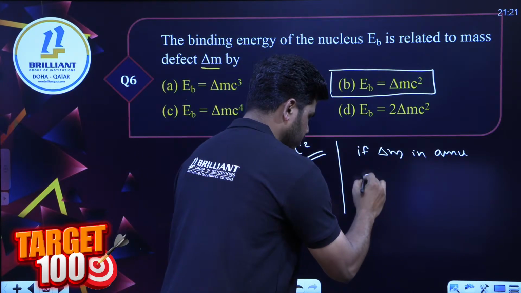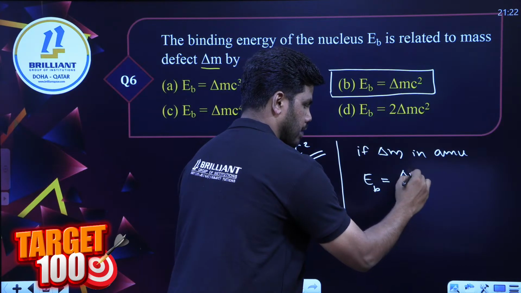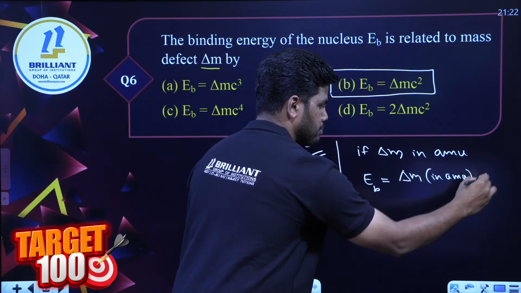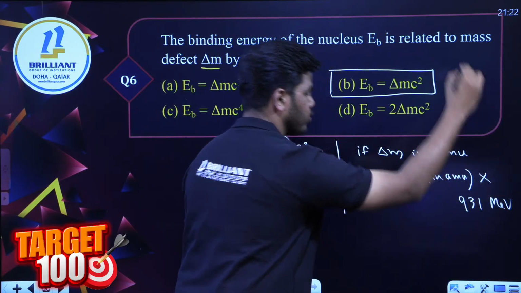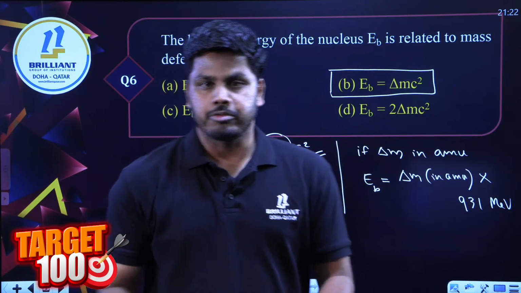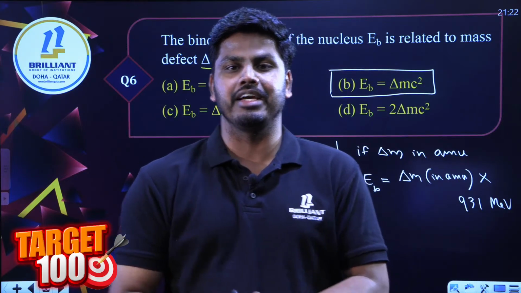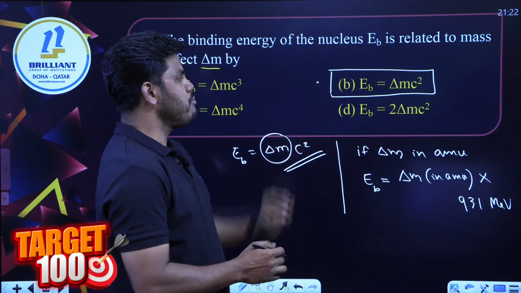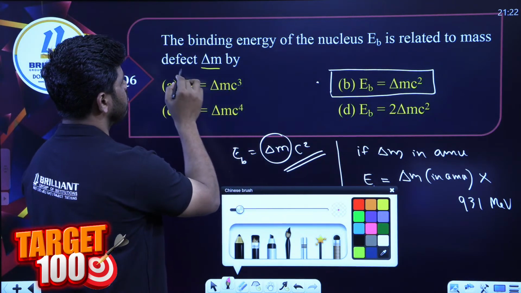We found the binding energy of the nucleus as that delta M, measured in atomic mass unit, multiplied with 931 MeV. That is how we calculated binding energy. So the theory behind binding energy, we found some mass is missing. That was called the mass defect or missing mass.